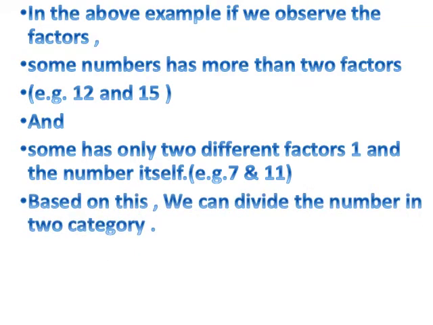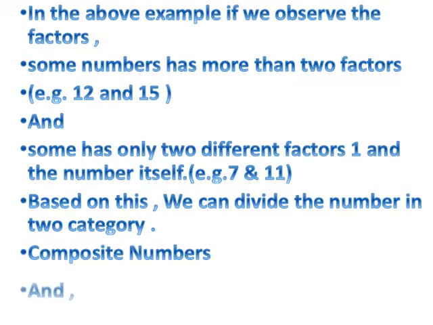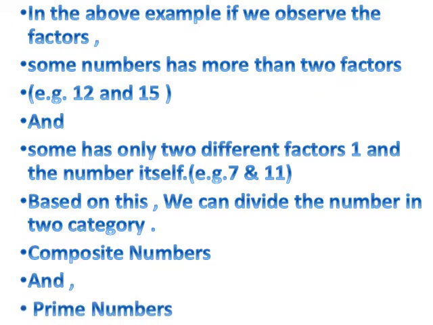Based on this, we can divide numbers into two categories: composite numbers and prime numbers. So let's see what we mean by composite numbers and prime numbers.